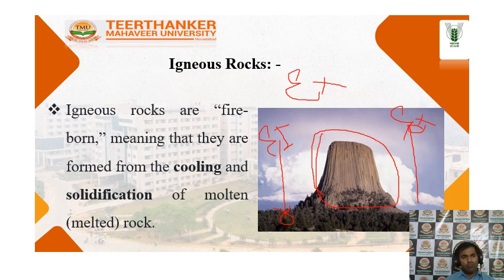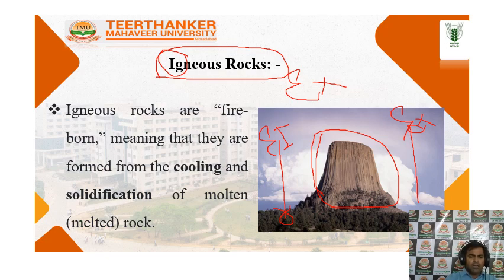After the cooling and crystallization of the molten magma, the first rocks are developed, which are known as igneous. If you look at the word igneous, it is derived from two words. First is ignis. Ignis means fire. It means these types of rocks are generally developed after the volcano eruption.